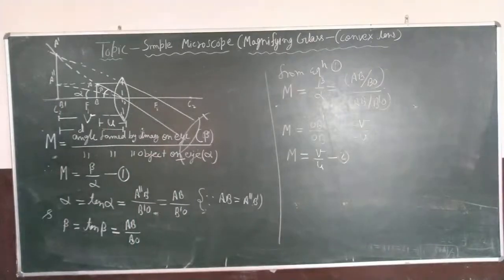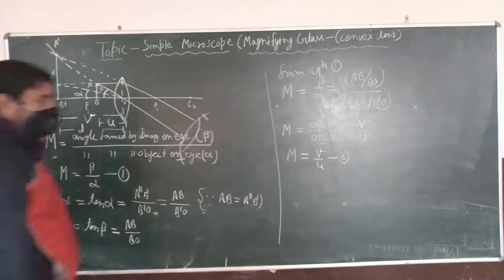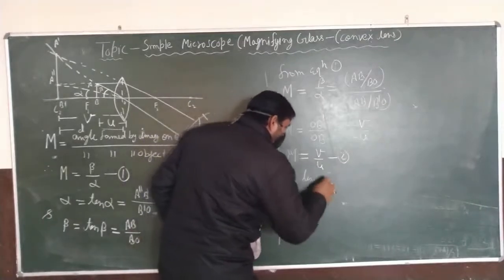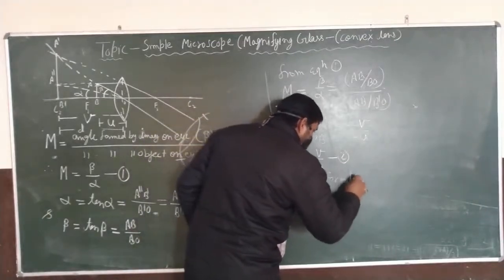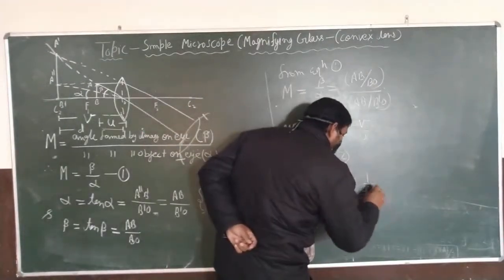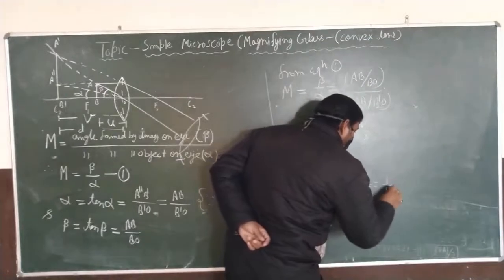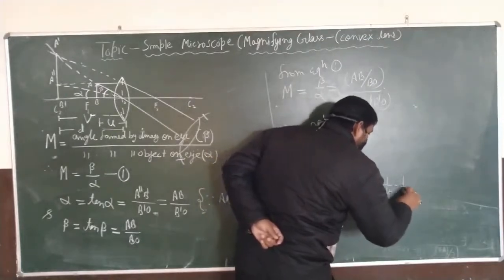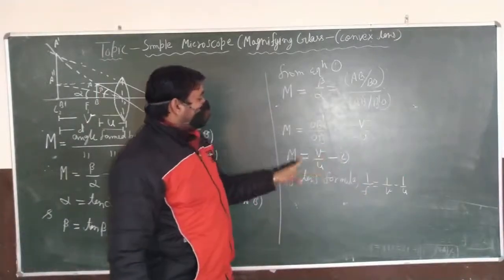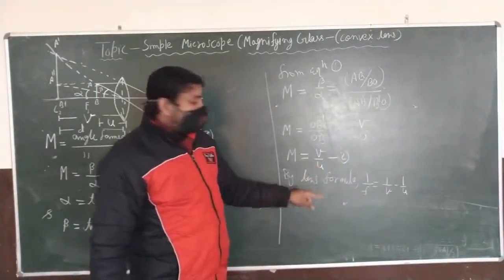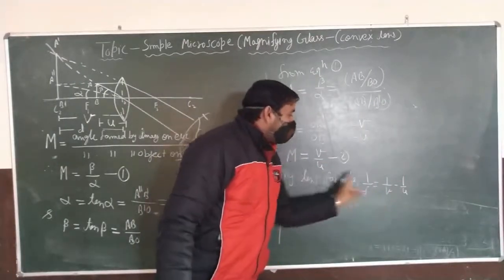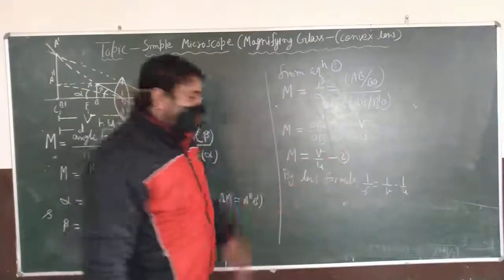Okay. Now, by the lens formula, we have 1 upon F is equal to 1 upon V minus 1 upon U. Okay. Now, because in the magnifying glass we have 1 upon V, so take V as common, or multiply by V in the equation.